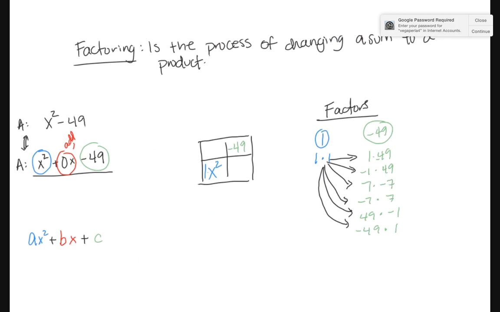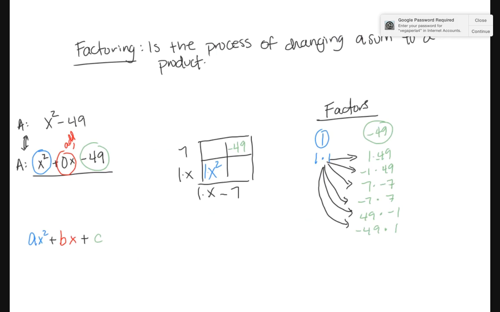So let's do x and x, 1 times x times 1 times x, and then 7x and negative 7x. Oh, 7 and 7, my bad. 7 and 7, and one of them has to be negative. It doesn't matter which one because when you add them, it will give you 0.